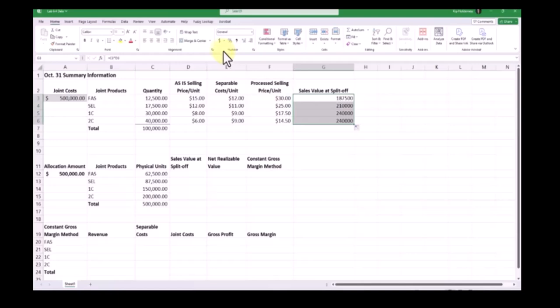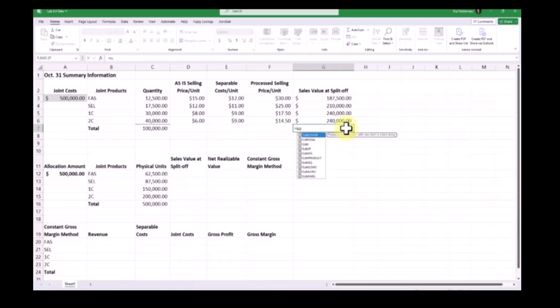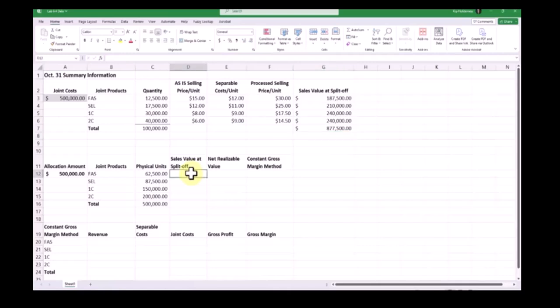So let's copy that down and make this an accounting number so it's in dollars. And then let's total the revenue we can get at the split-off point. We should get $877,500. So to figure out the allocation of these joint costs, we're going to divide our total cost by our value at split-off and multiply by each product's sales value at split-off.